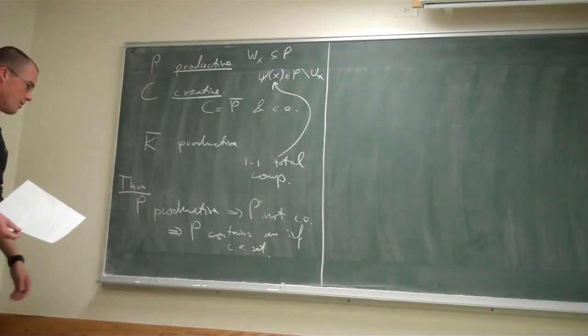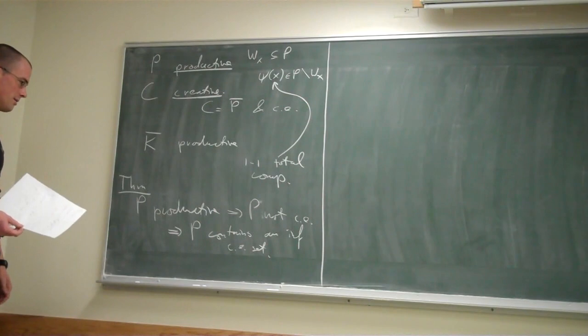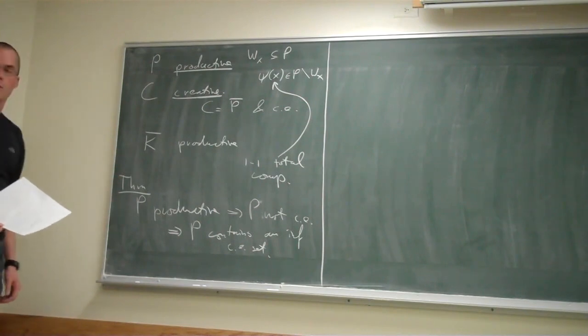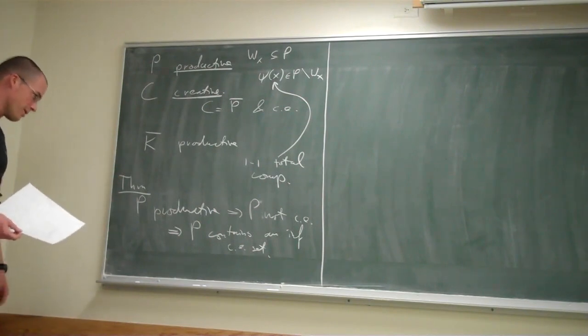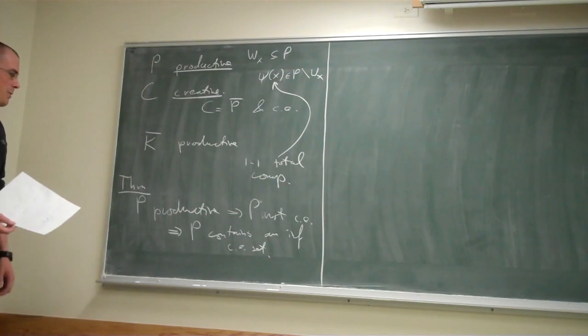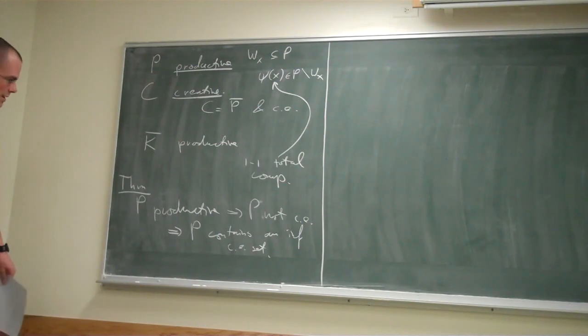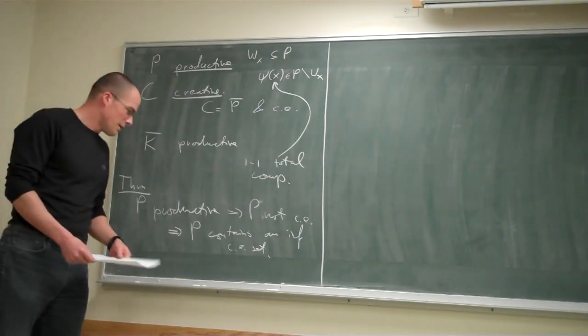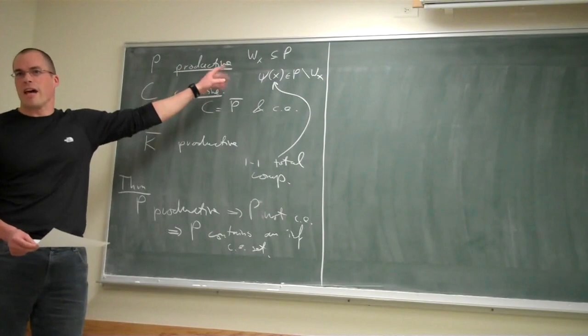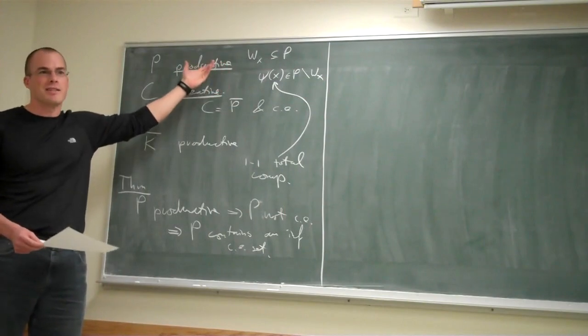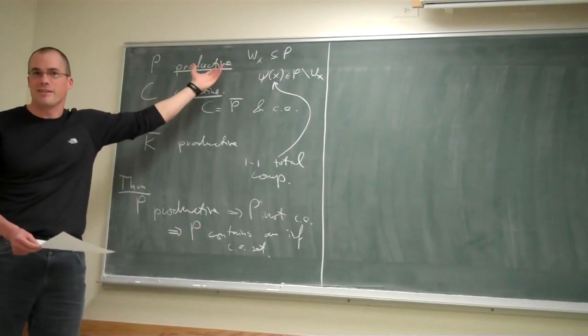And so then we need to, right, how do you show it contains an infinite CE set? Well, you need to construct one. The way to construct one is to realize that every set contains CE sets, because the empty set is CE.